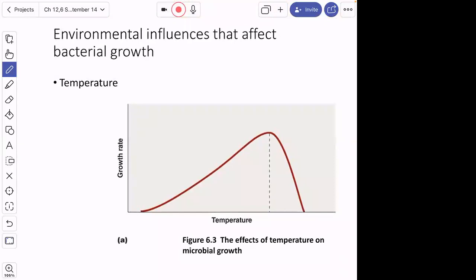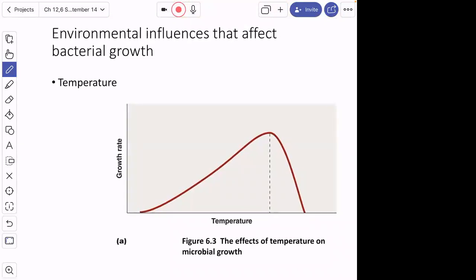Okay, so thinking about environmental influences that affect bacterial growth. You're going to do a whole lab on this in a couple of weeks, where you're testing different temperatures on organisms. That's usually the first thing that you think of that's easy to change in a bacteria's environment: the temperature. Okay, and all bacteria are going to have some optimum temperature where they grow the fastest.